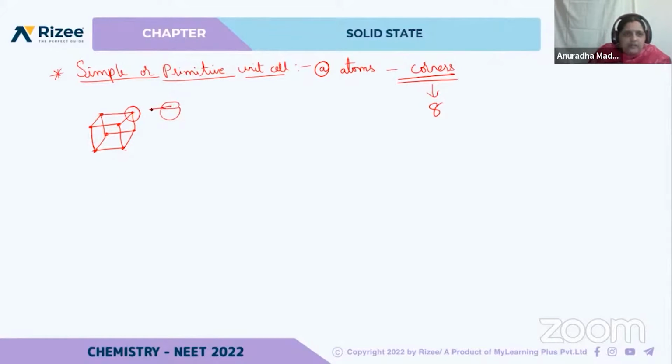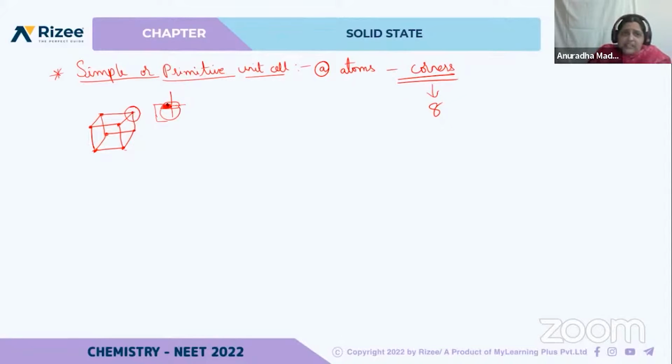If we draw lines like this, now see how much part is present inside this unit. Only this part is present inside this one.